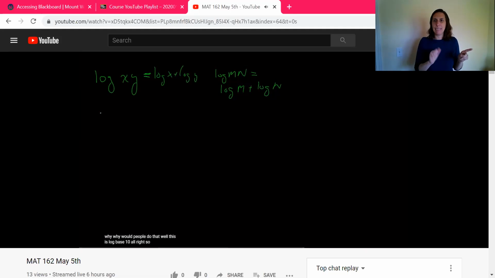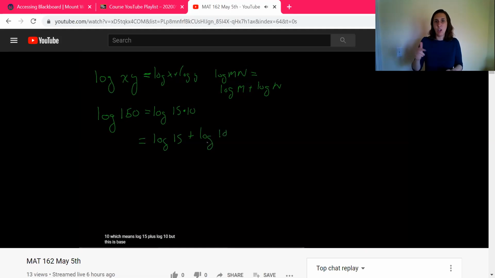So if I had log of 150, I would have to go and calculate on a table what log 150 was. But I can notice that 150 is the same as 15 times 10, which means log 15 plus log 10.